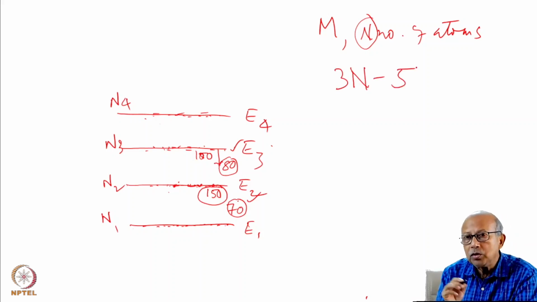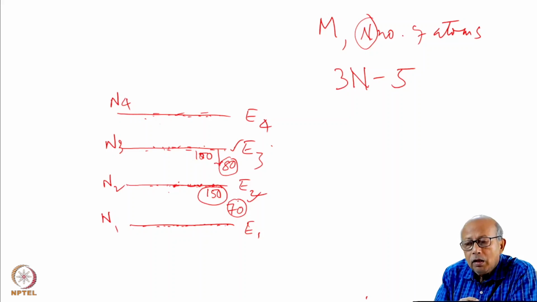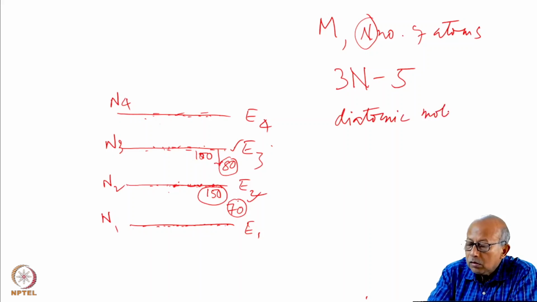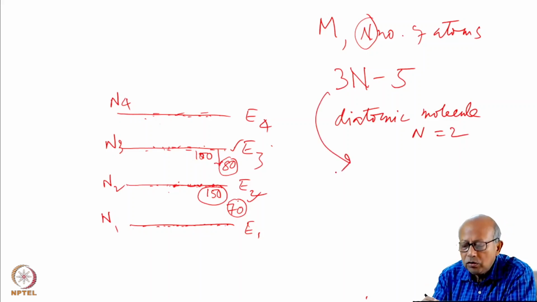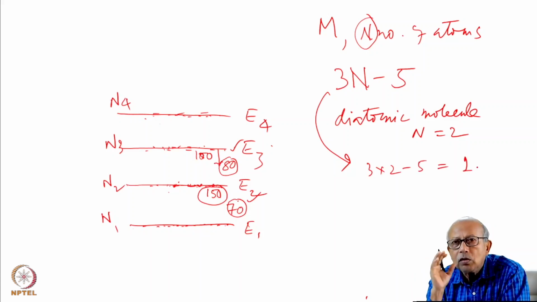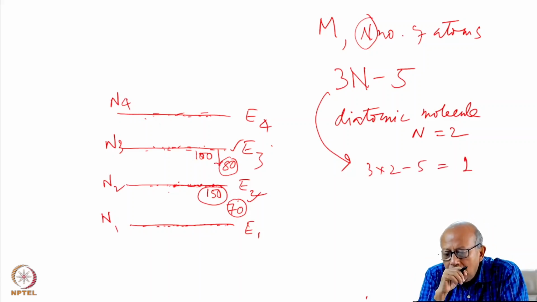I won't go into detail of this. So if it is a diatomic molecule, then n is equal to 2. So the number of vibrational modes of a diatomic molecule will be 3 into 2 minus 5 equal to 1. So it has only one mode of vibration.